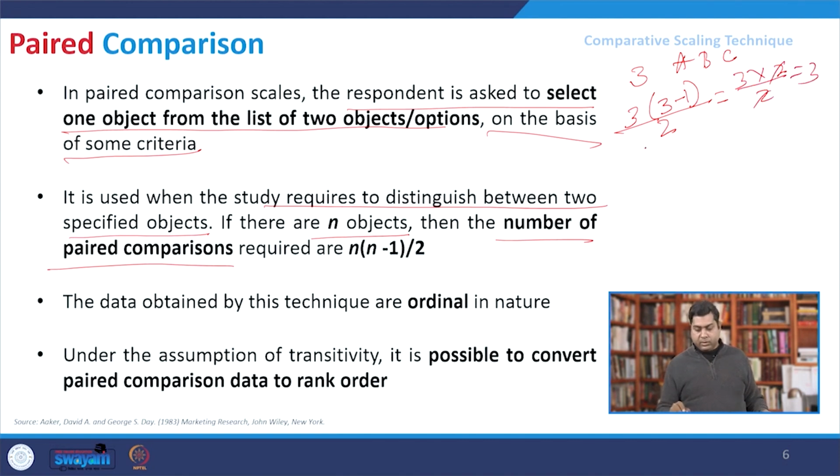What are those? A, B; B, C; and C, A. If you increase the number to 4, then it will be 4 into 3, 12, by 2, so that will be 6.